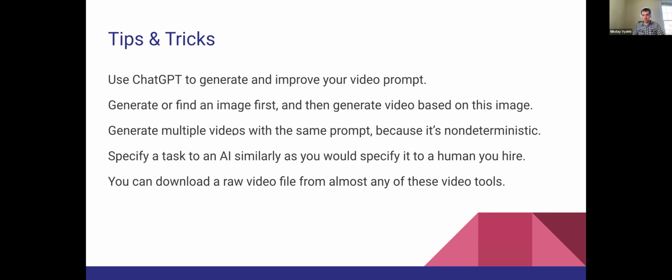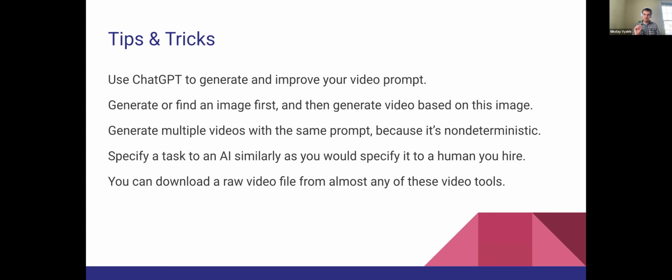Third one I already told about: try to generate multiple videos with the same prompt, because sometimes they're very bad and sometimes they're very good. Especially if you're generating humans, there's this well-known effect of uncanny valley, where a human looks like a human but not quite, and it's scary. So we usually prefer looking at either very realistic humans or very unrealistic ones, like animation, robots or non-humans.